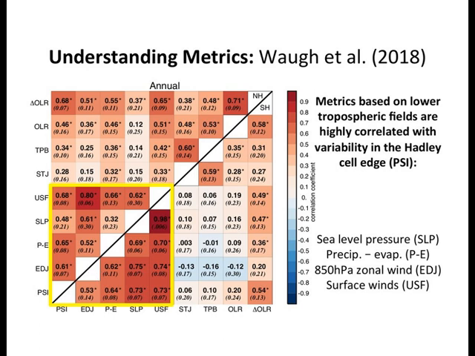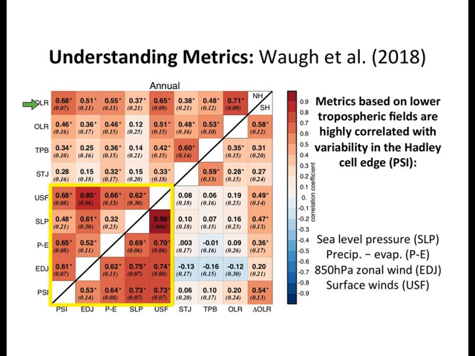So when one moves poleward, they all move poleward, basically. And so we have high confidence that any of these metrics are measuring things that are relevant for surface fields: surface winds, sea level pressure, and precipitation minus evaporation.